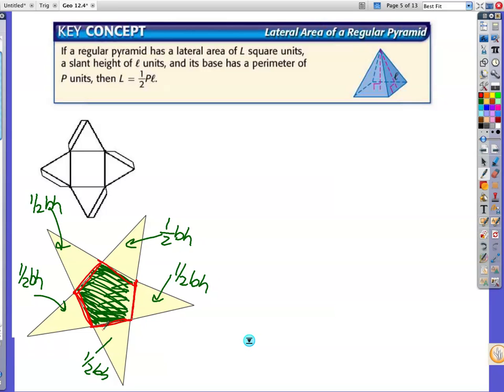So instead of saying all of these B's when we add them all up, let's just say 1/2 times the perimeter. And now let's look at the height. Wouldn't the height for this one be the same as the height for this one, and this one, and this one? So instead of writing that, we're just going to take 1/2 PH.